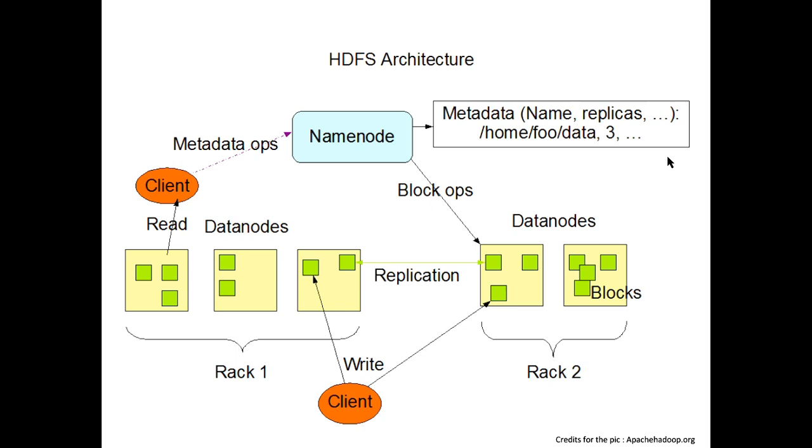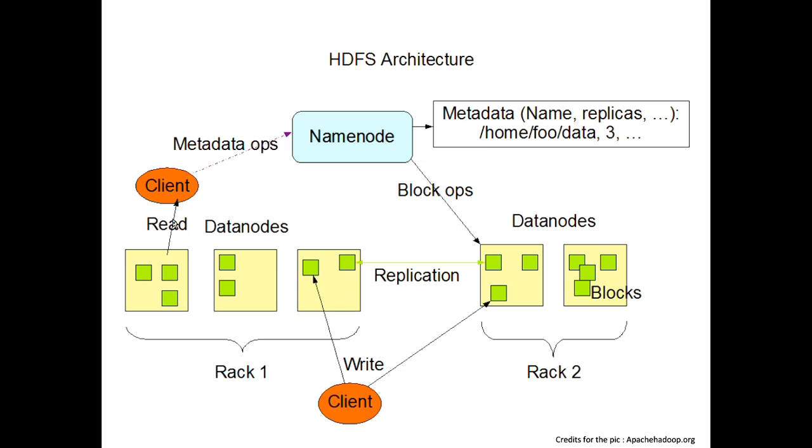So if you see, this is the overall architecture of HDFS as per Apache Hadoop.org reference. So we have name node, that is a master that has metadata, which is nothing but name, replicas, etc. And it has data nodes.